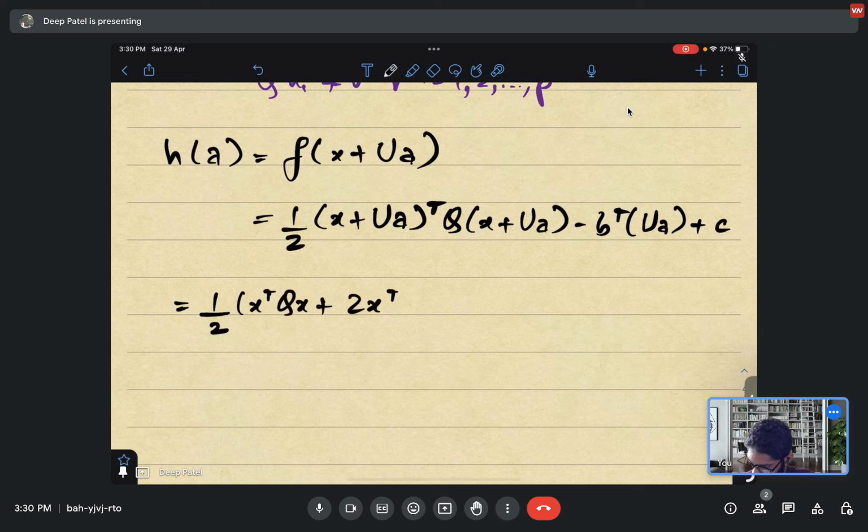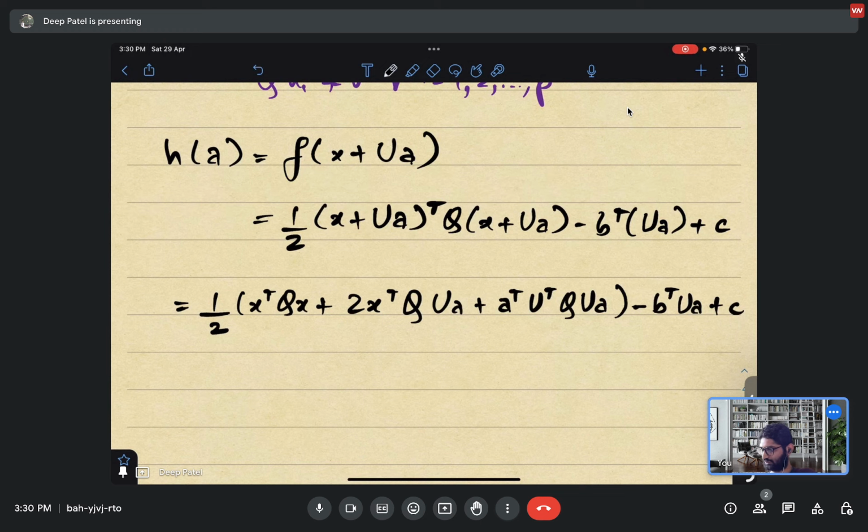I am just writing down the algebra, expanding out all the terms. I hope it's good so far.